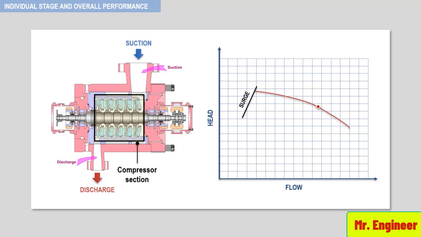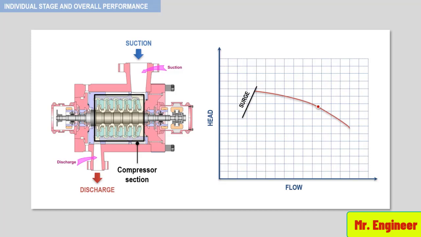Also, a dynamic blade or impeller will produce higher energy or head at a reduced flow, therefore compounding the effect of the molecular weight increase with increased blade energy capability, resulting in a further reduction in flow rate to the succeeding stage.